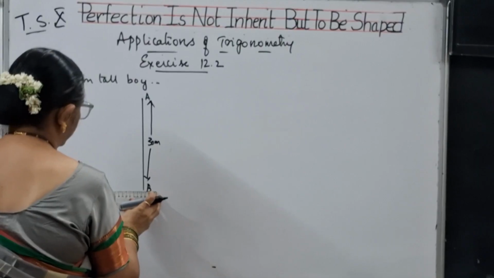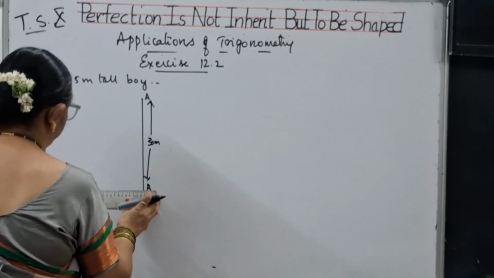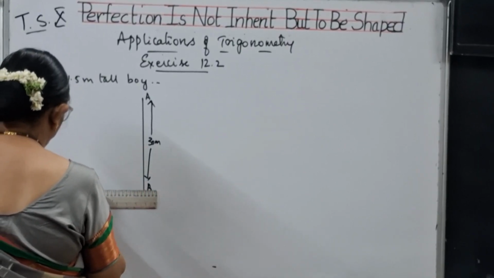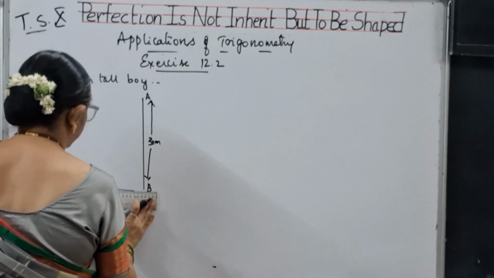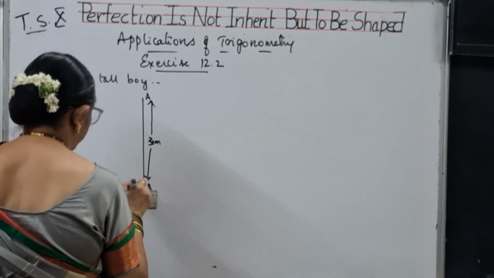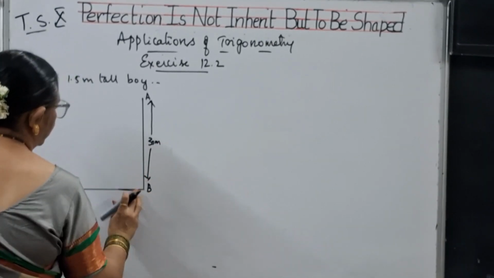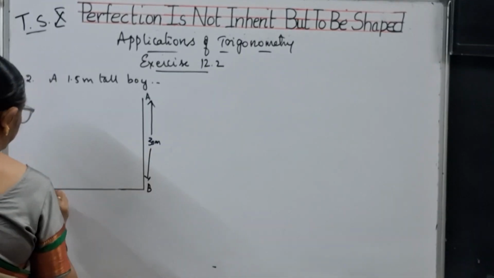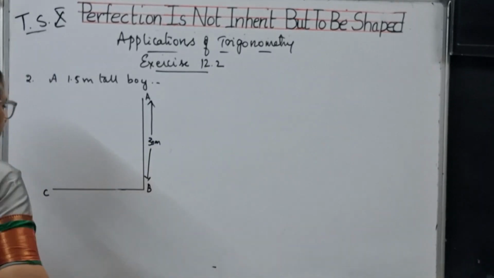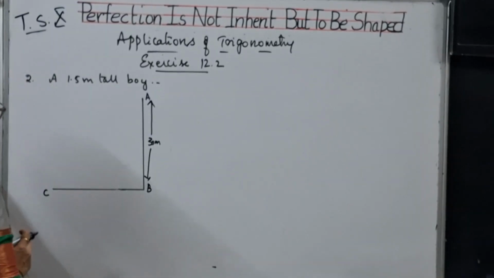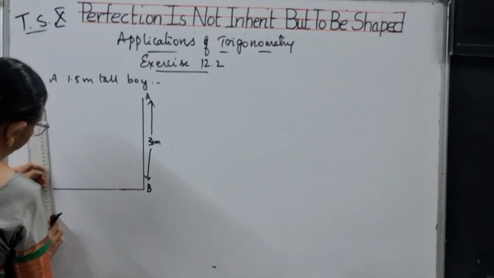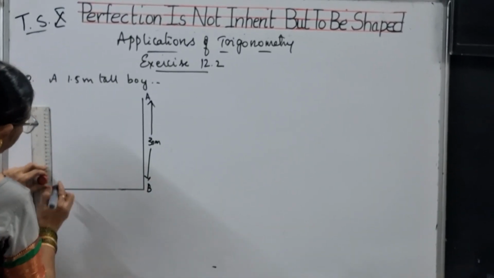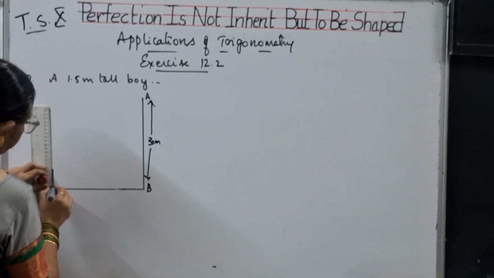So, at some distance, let me take this as a C. The person is standing and he is 1.5 meters, sorry, he is 1.5 meters tall.